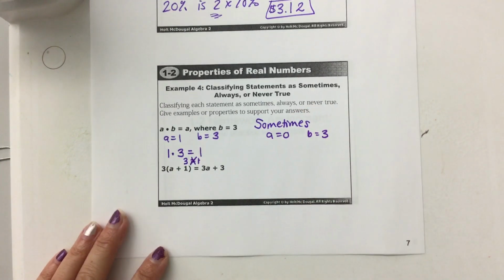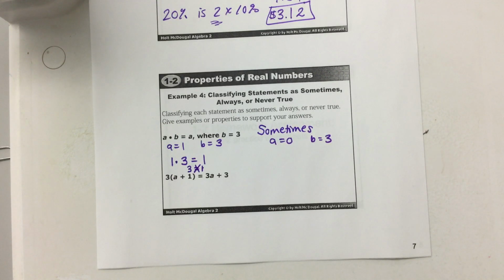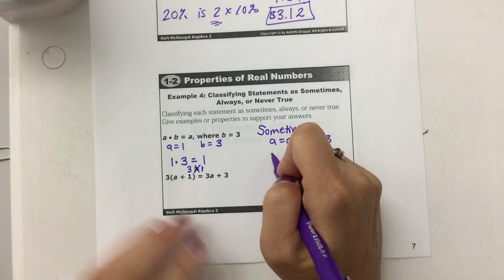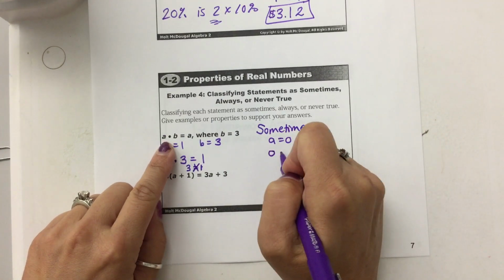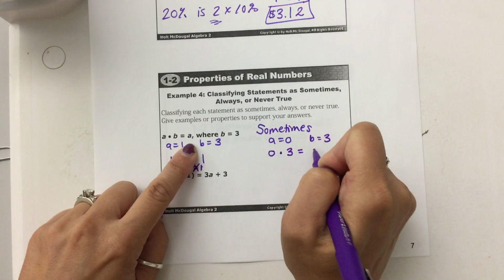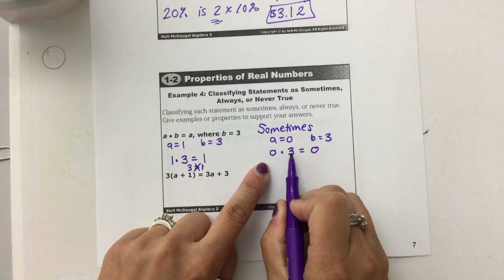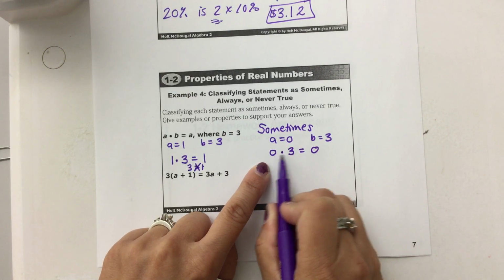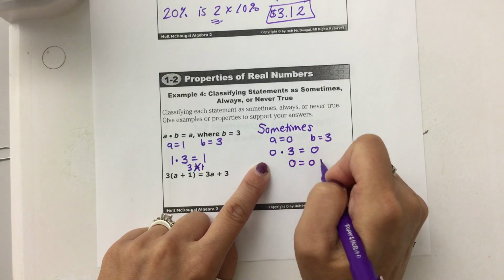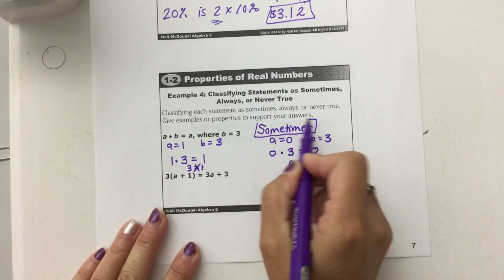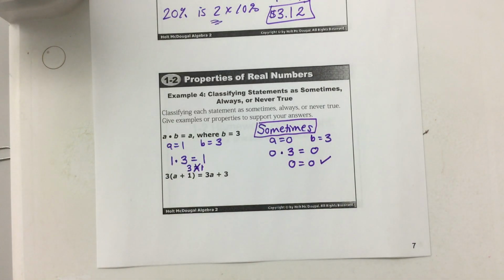Because remember, we have that property, if you multiply anything by a 0, your result is going to be 0. So check this out. If A is 0 times B is 3 equals A is 0. 0 times 3, anything times a 0 ends up being 0. 0 equals 0, it checks. So there's an example of sometimes.